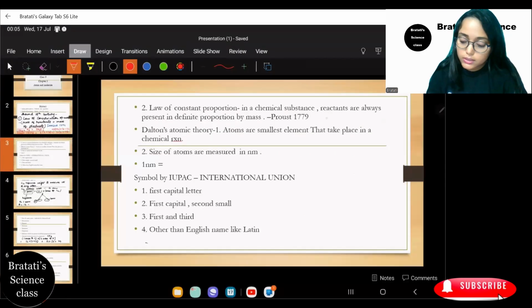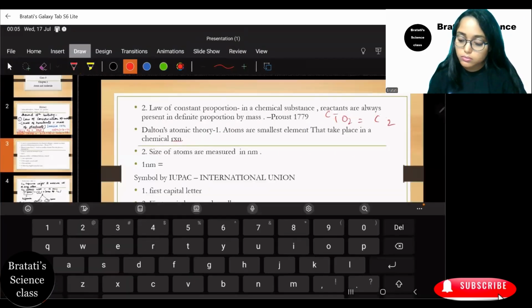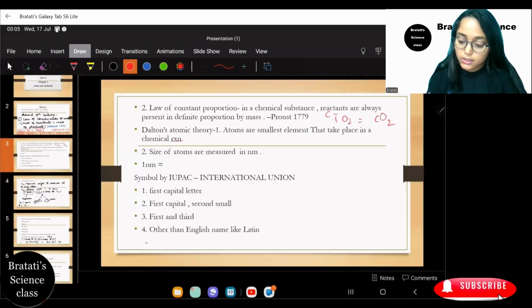So, C plus O2 gives CO2. The carbon is 12 and the oxygen is 2 into 16.